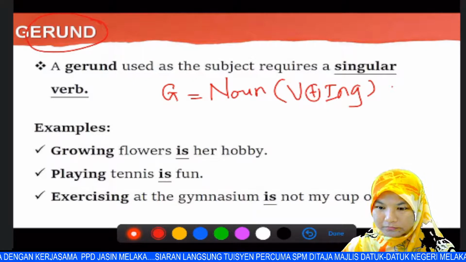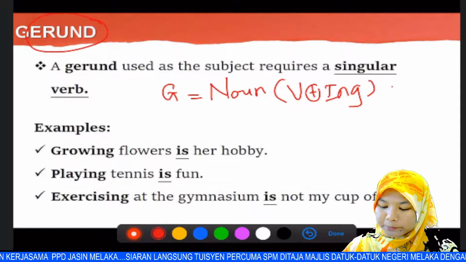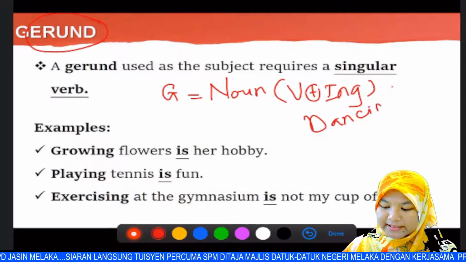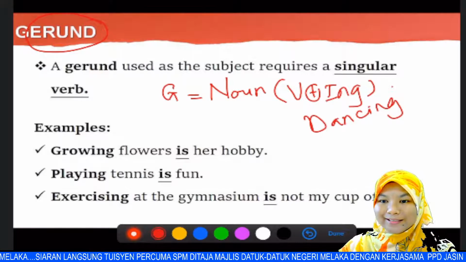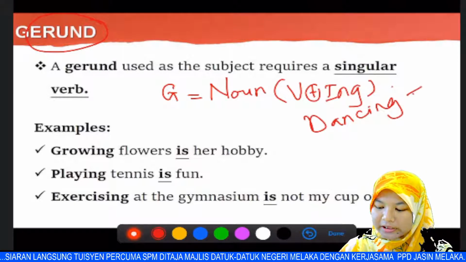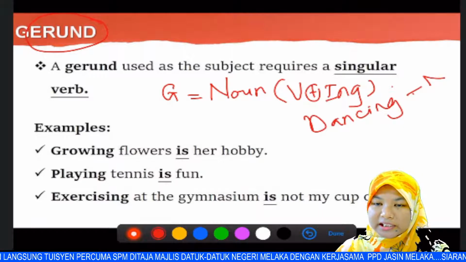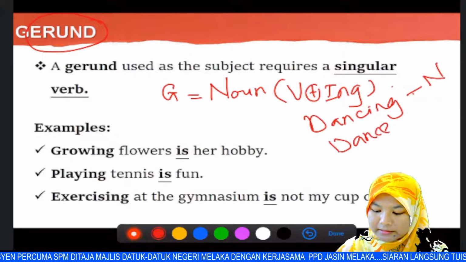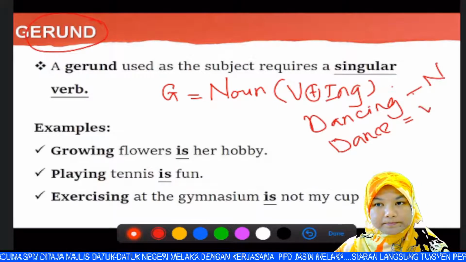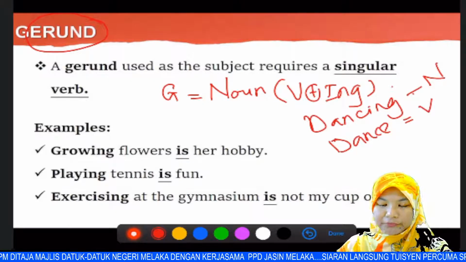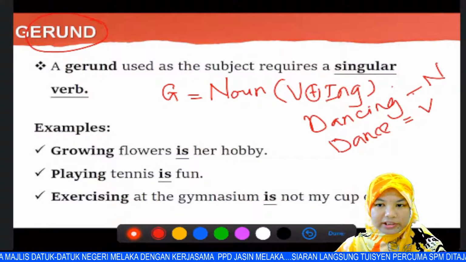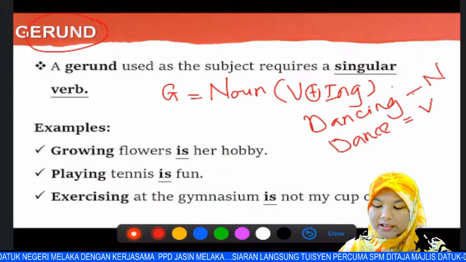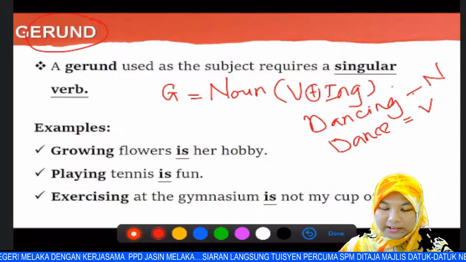For example, dancing. Dancing is the noun, or gerund. Originally dancing derived from the word dance, which is a verb. But if we want to use the name of the action of dance, we need to add ing and make it become a noun.